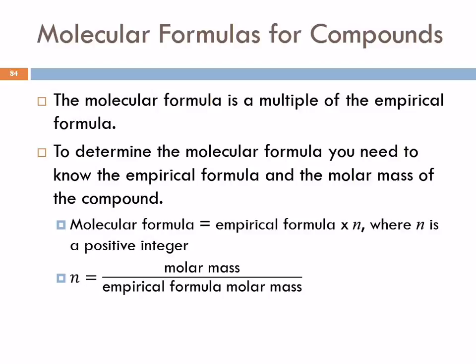On a nastier problem, they'll make you do one of the calculations like we just did, and calculate the empirical formula, and then calculate the molecular formula. So the way we solve this, we need to find what that multiplier is. You take the molar mass and you divide it by the molar mass of the empirical formula.